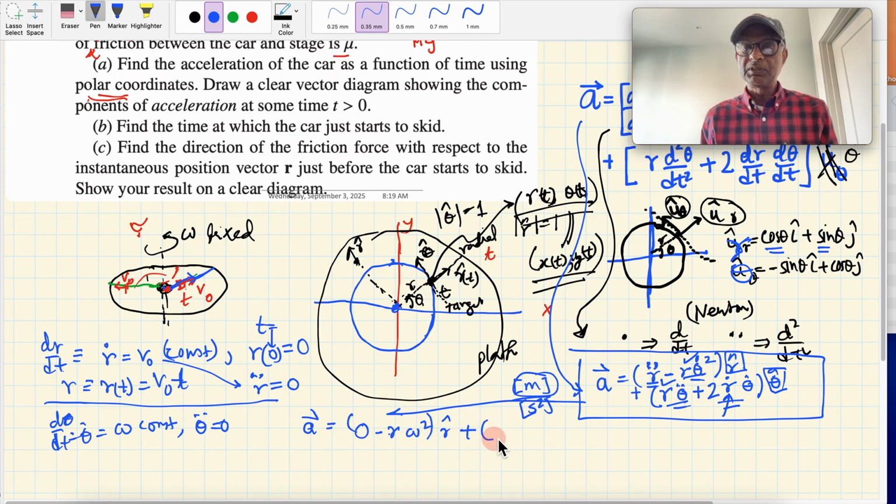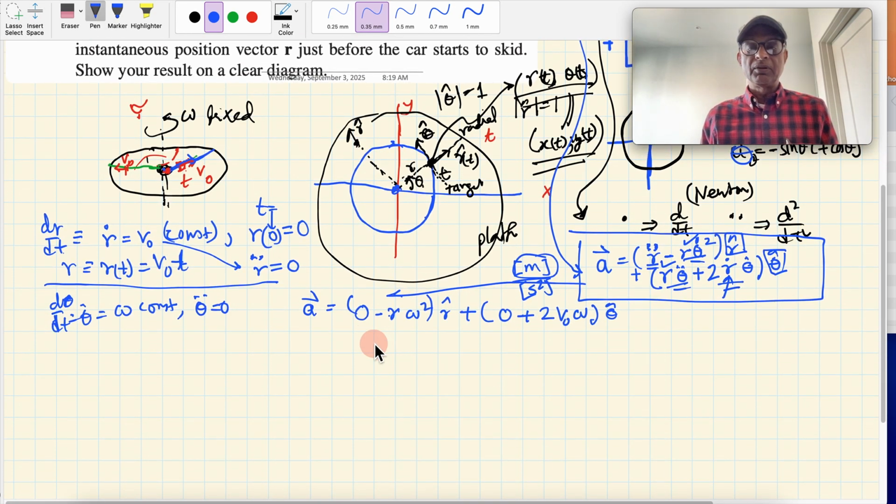And this other one is 0 plus 2 v0 omega there. So it's really simplified. Let's write this down with v0 t. So the acceleration is minus v0 omega squared t r hat, plus 2 v0 omega theta hat.